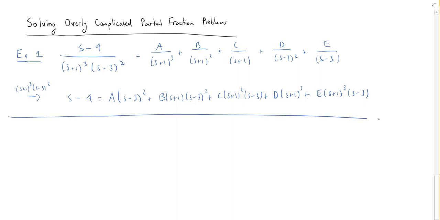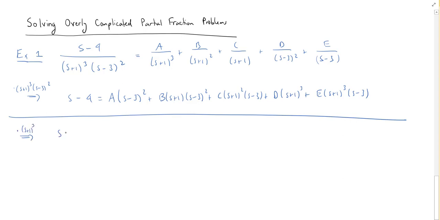So what I'm going to do is, instead of distributing or multiplying through by the entire denominator, I'm only going to multiply through by part of the denominator. Let's say we just multiplied through by (s plus 1) cubed.